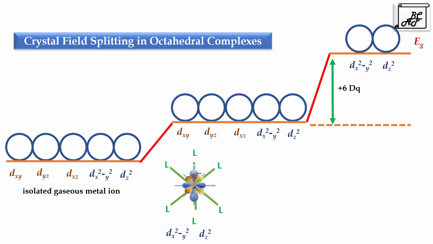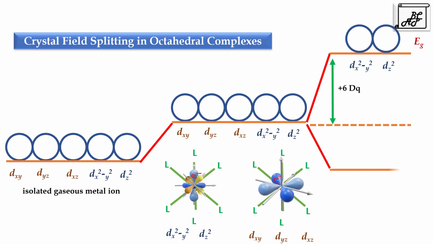Together they are called the Eg set of orbitals. In the second case, where the orbitals are between the axes, that is T2g set of orbitals, the lobes of the orbitals or the electrons in these d orbitals are not really directly facing the ligands. There is less repulsion between the electrons in these orbitals and surrounding negatively charged ligand field.